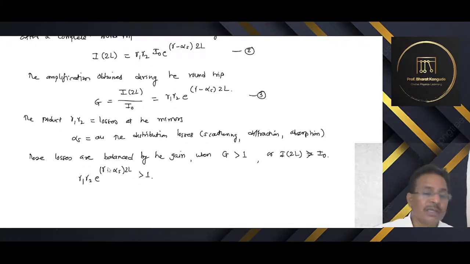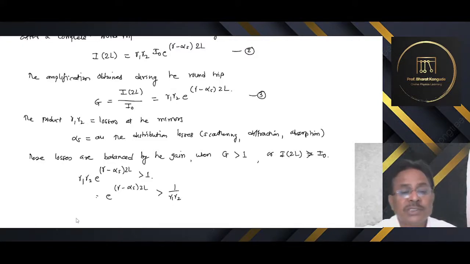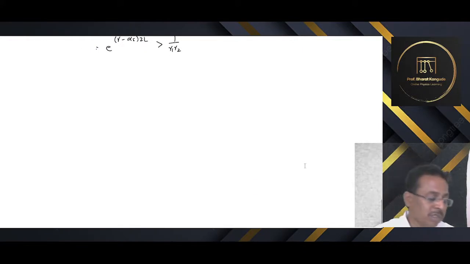So this is the condition we received. Further we can readjust this: e raised to gamma minus alpha S into twice L should be greater than 1 upon R1 into R2, the product of the reflectivities. Now take the logarithm of both sides.